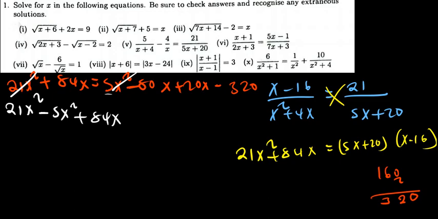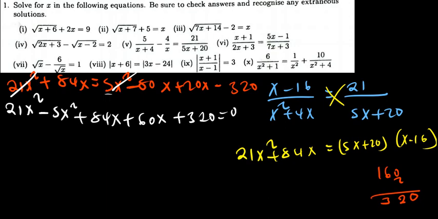They are both having x, so it's negative 60. Now that negative 60, if I shift it to the other side, it's going to be plus 60x. And then plus this one shifting to the other side is plus 320. Should be equal to 0, like that.